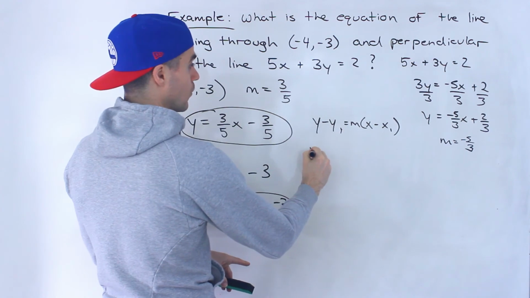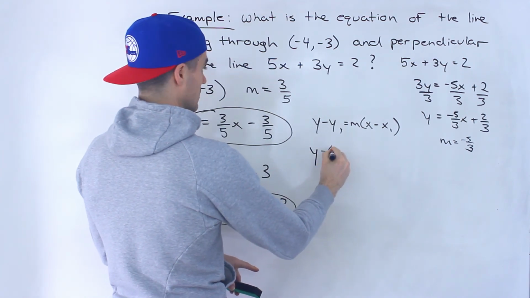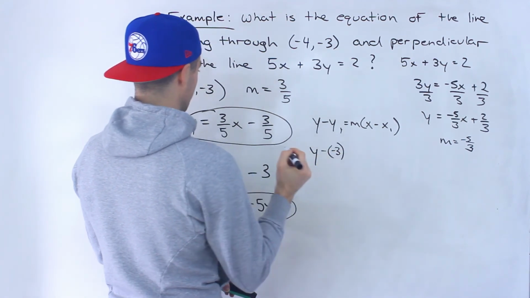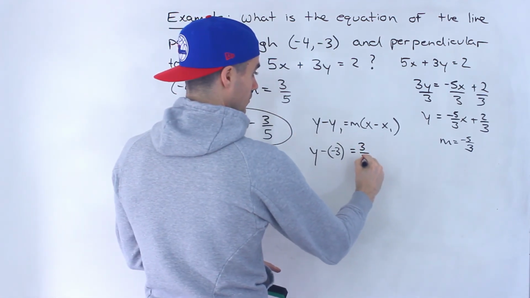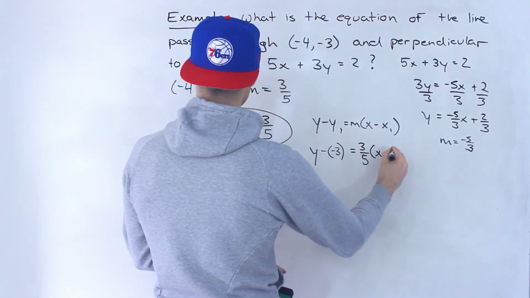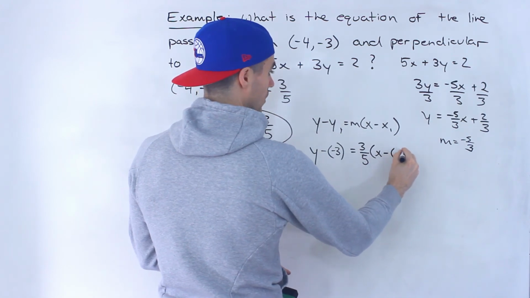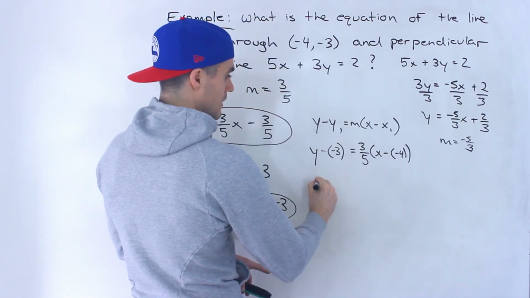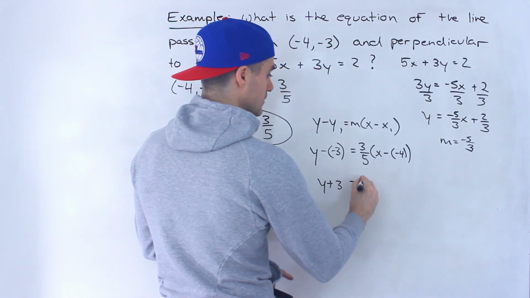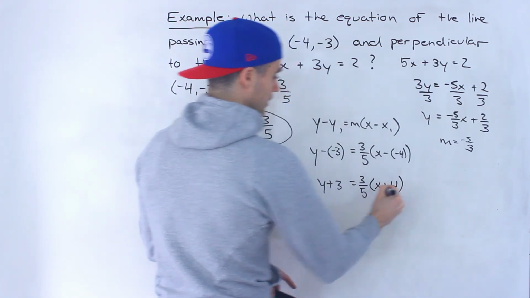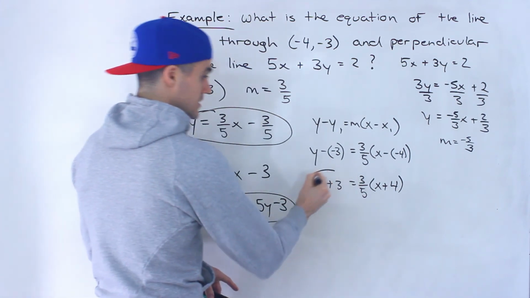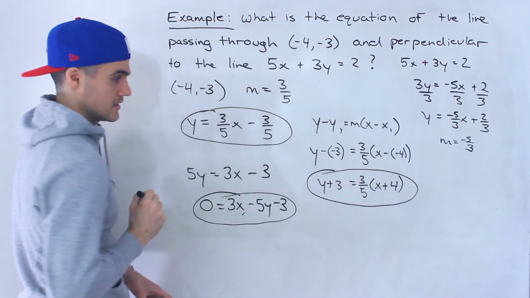So we would end up having y minus negative 3 equals the slope times x minus negative 4. When you simplify this, this would be y plus 3 equals 3 over 5 times x plus 4. So this here is another format.